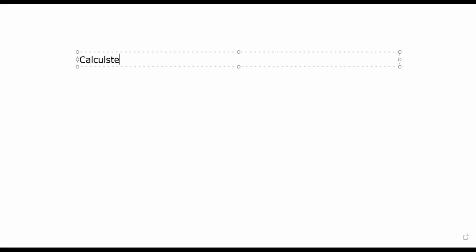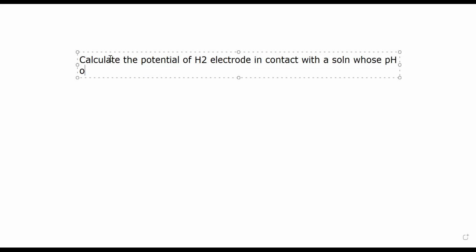Calculate the potential of hydrogen electrode, H2 electrode, okay, hydrogen electrode in contact with the solution whose pH is 10. So this is the question.